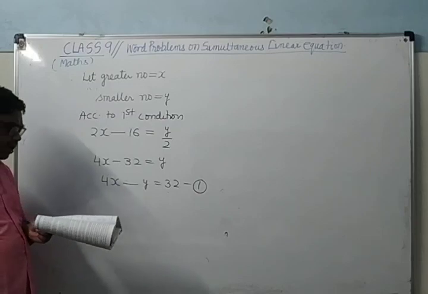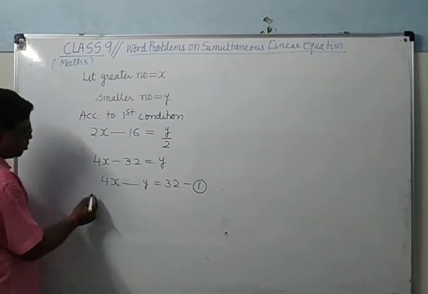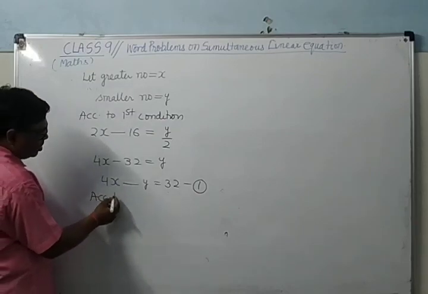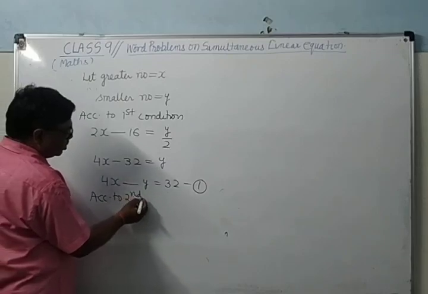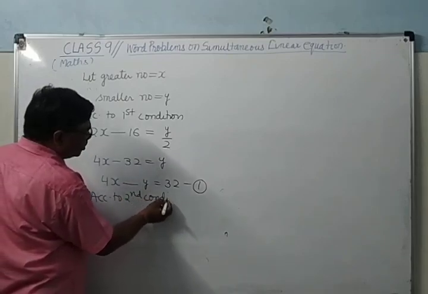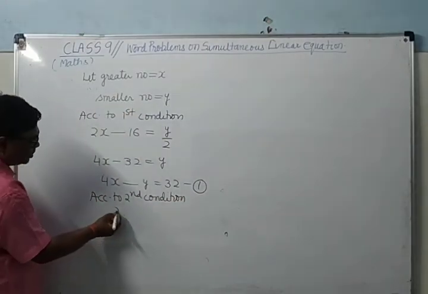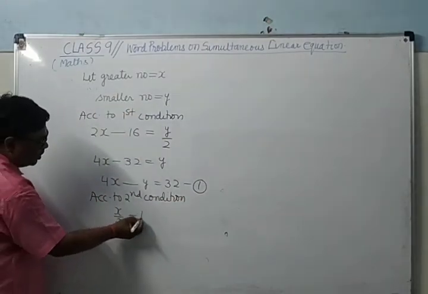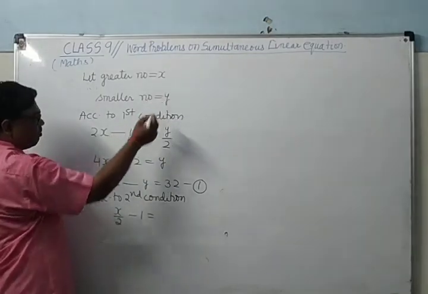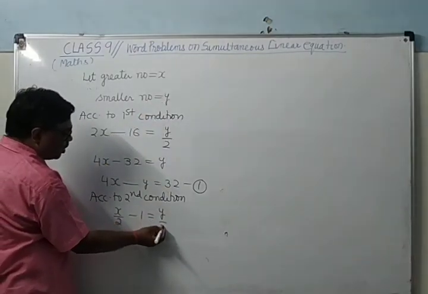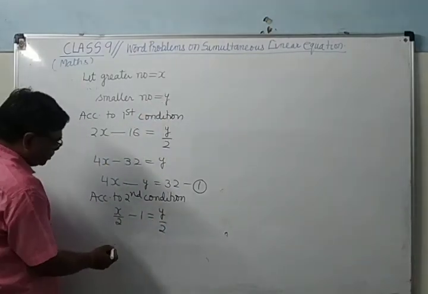Then if from half the greater number, according to second condition, half of the greater number is X upon 2. 1 is subtracted, the result is half of the other number, Y upon 2. So you take the LCM.